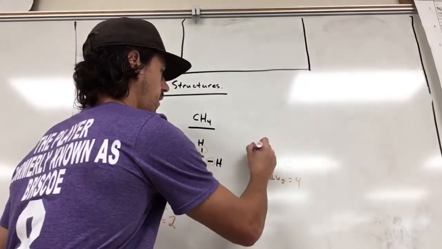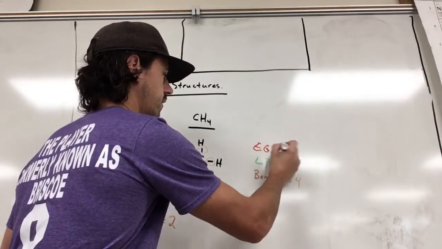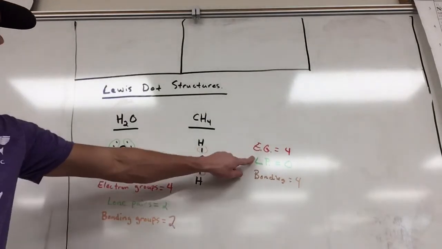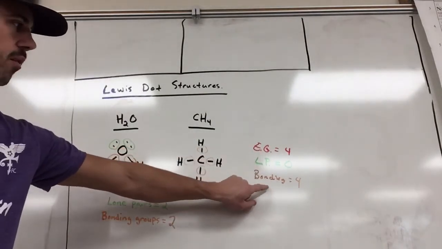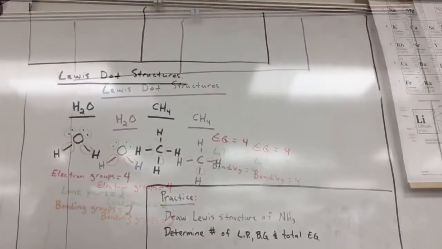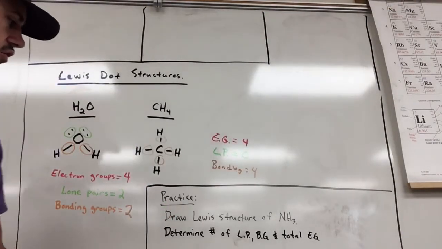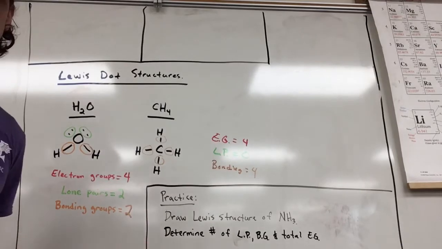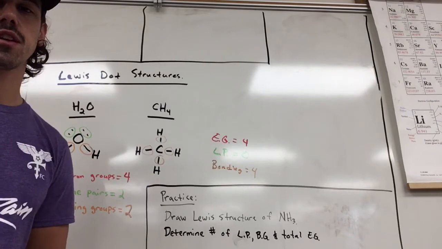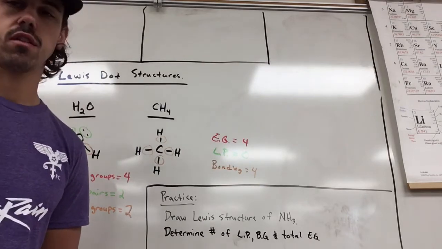So the total number of electron groups is going to be 4. I have no lone pairs, 4 bonding groups, and so I will have 4 total electron groups. For practice, what I want you to do is draw the Lewis structure of NH3, and then determine the number of lone pairs, the number of bonding groups, and the total number of electron groups.